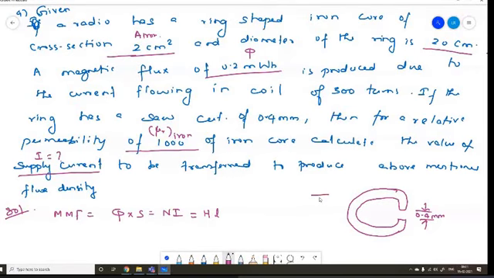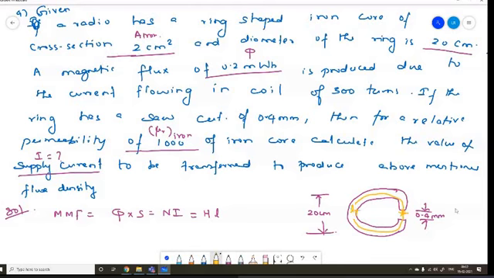Diameter of the ring is 20 centimeter, and half of this will be the radius. When I find 2 pi r, I will be able to find the total length. The total length, LT, includes the air gap as well.